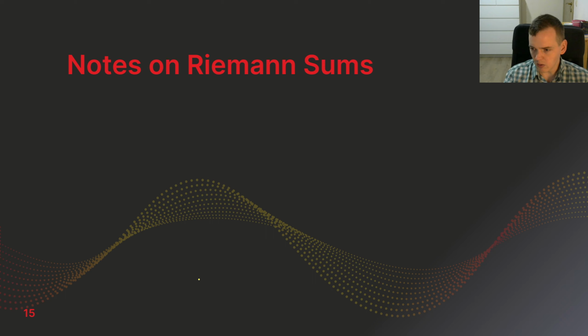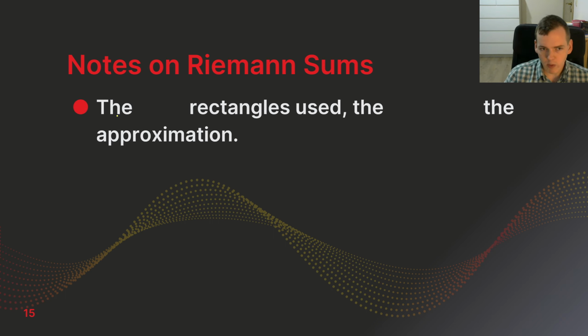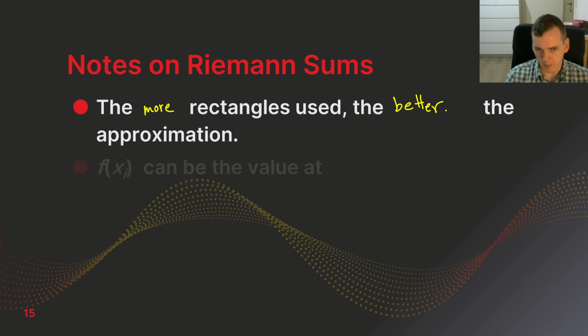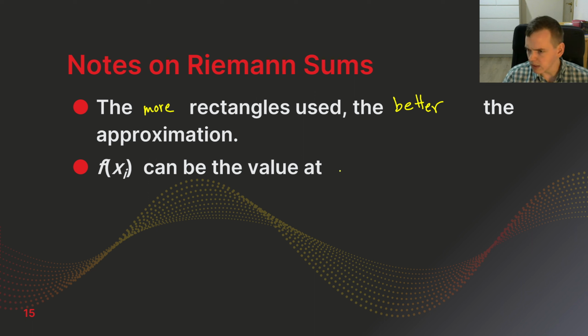And so the more rectangles that are used, the better the approximation. And f of xi can be the value at any point within the interval.